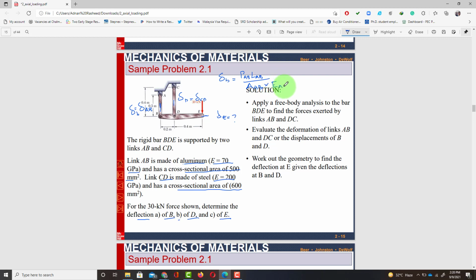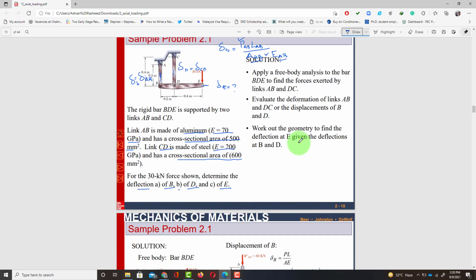You can see that you have been given E_AB, A_AB, and the length is also given over here, but you do not have the force. So how will you find the force? Definitely for that you have to draw the free body diagram in order to find the unknown forces. So let's move toward that.